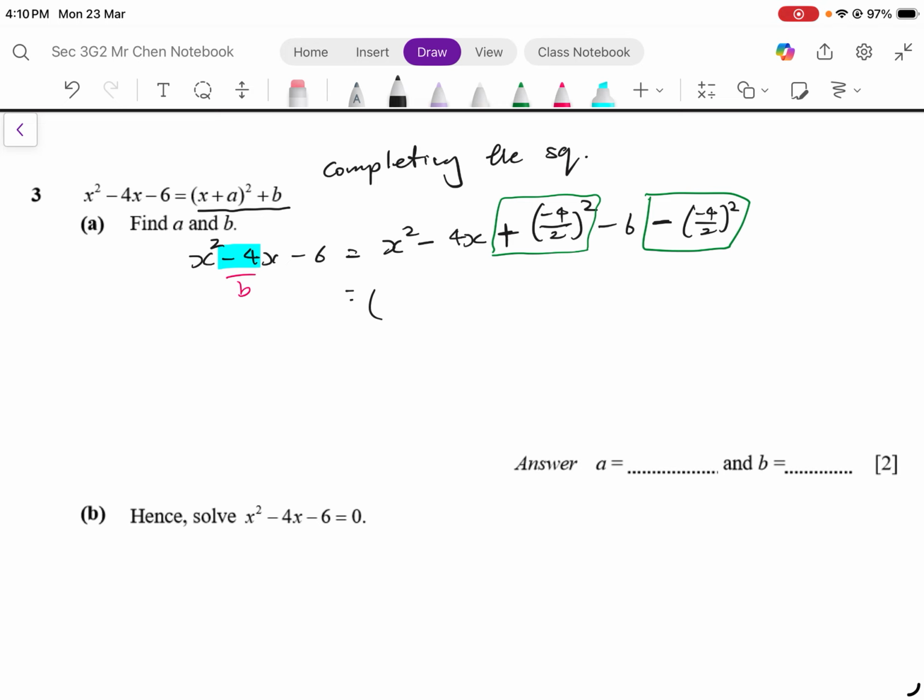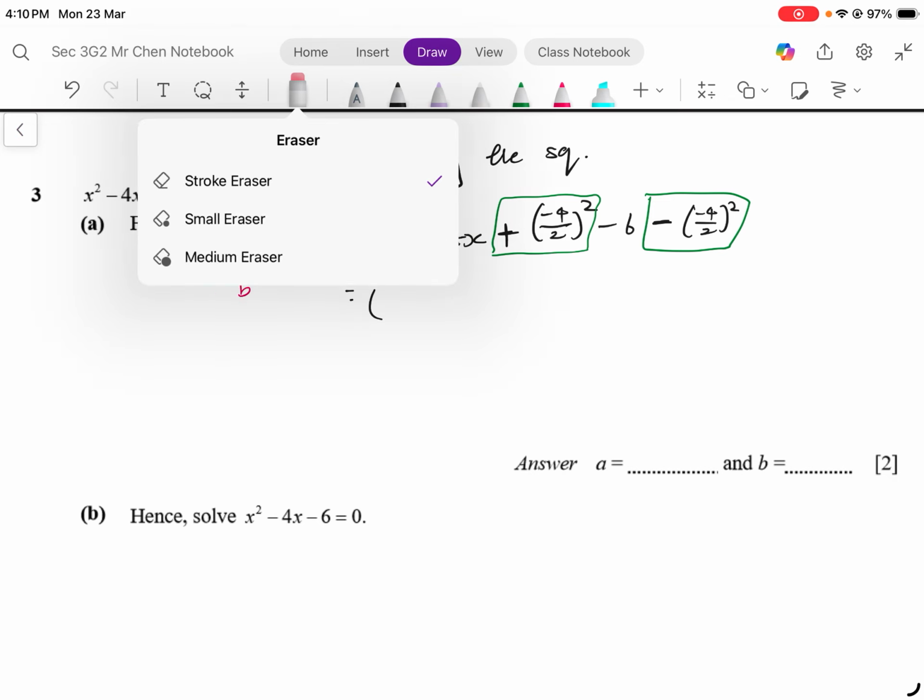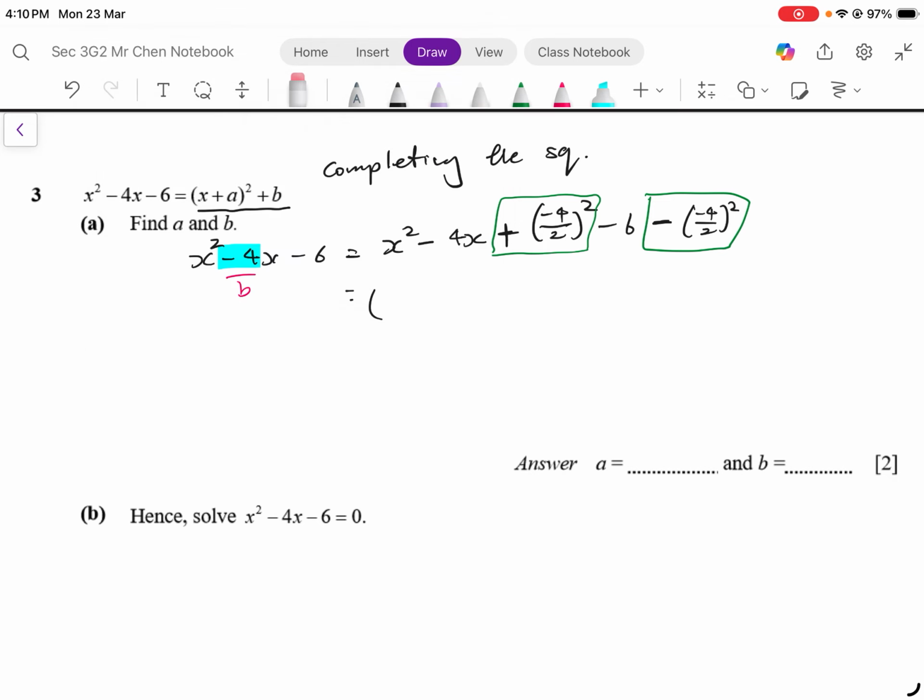Okay, so from here, we will know that this is x squared, so factorizing to x minus 4 divided by 2, right? So it's x minus 2 squared, minus 6 minus, don't forget, minus 4 squared is 16, because minus 4 times minus 4.